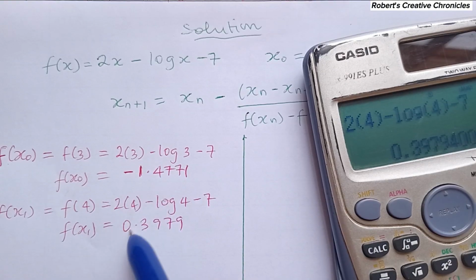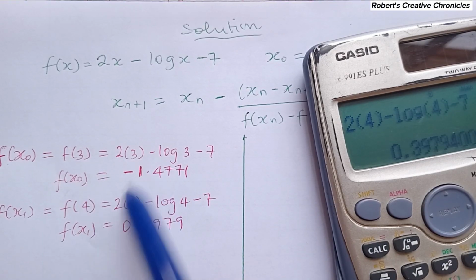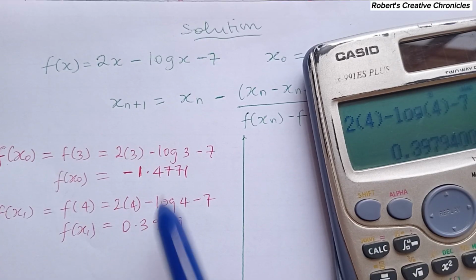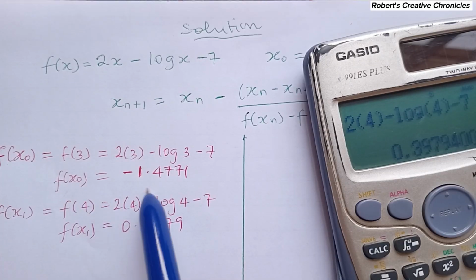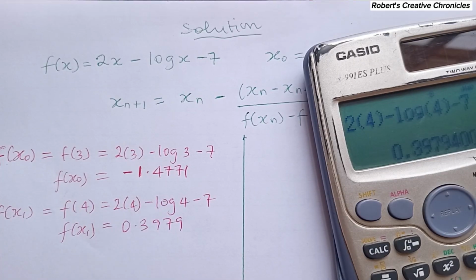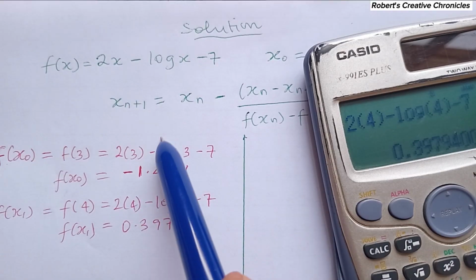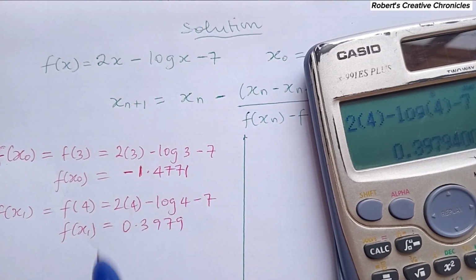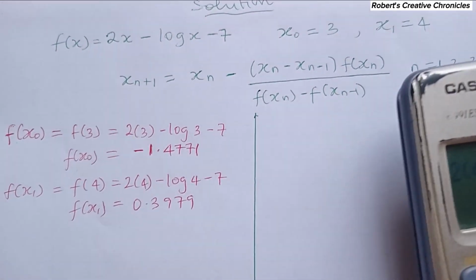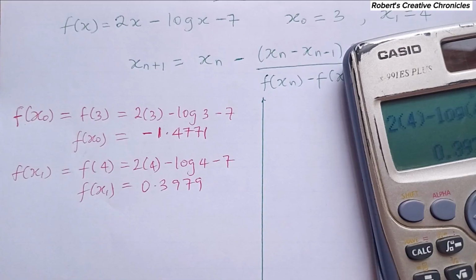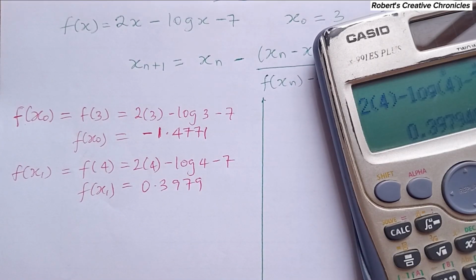This one gives us a negative value and this one gives us a positive value, so according to the number line, 0 lies between these two numbers. So the root must lie between 3 and 4, and you can see that it's correct. Even without certainty, you will know because of these substitutions.